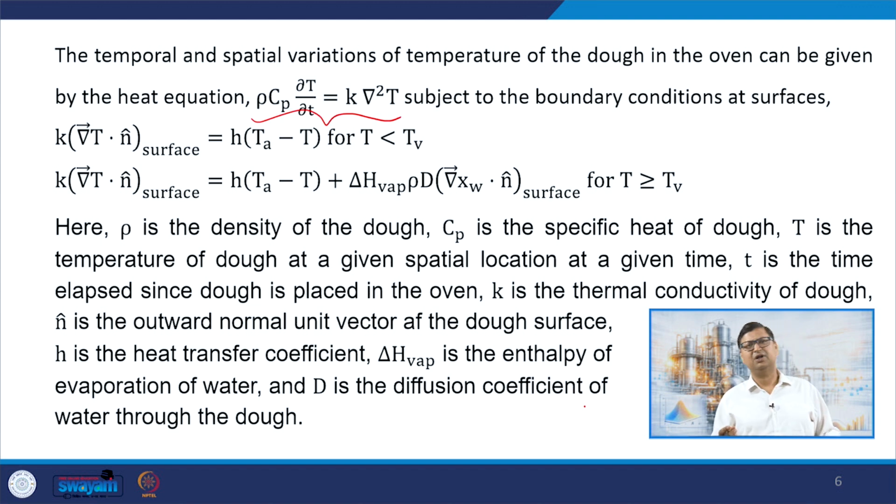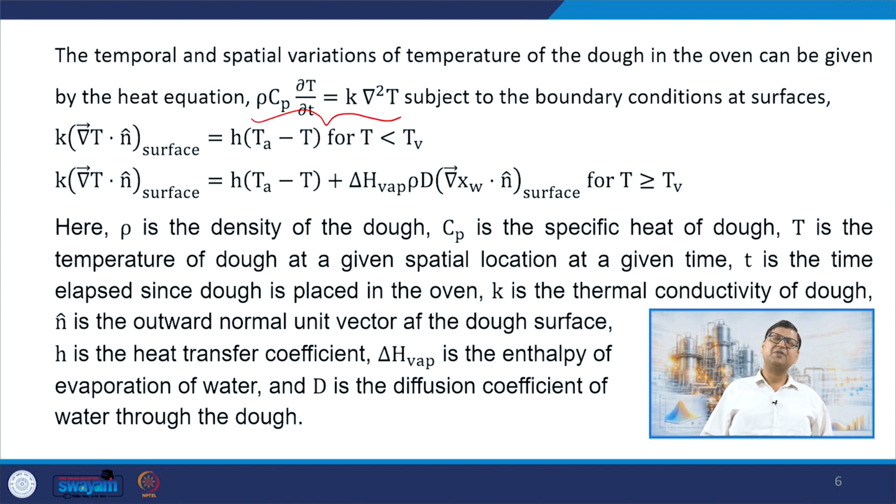There is a small catch here: the moisture evaporates inside the biscuit, and therefore there is a heat source inside the biscuit, but we are going to assume that all the bubbles that form immediately leave the biscuit, or the duff. So, it does not provide an additional heat source inside the biscuit, but we take care of that in the boundary conditions at the surfaces, as you can see here.